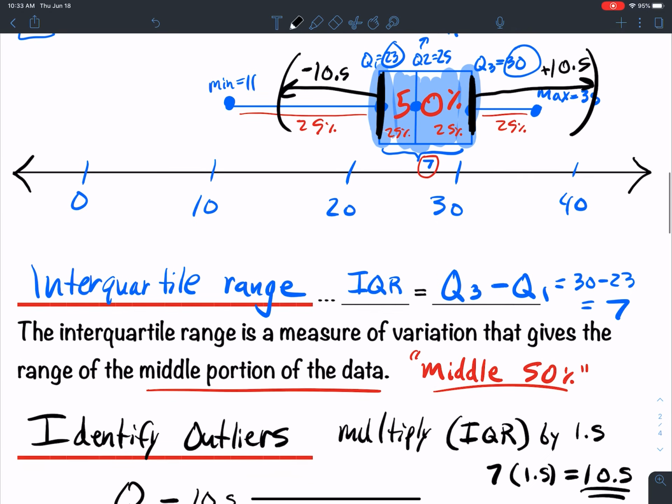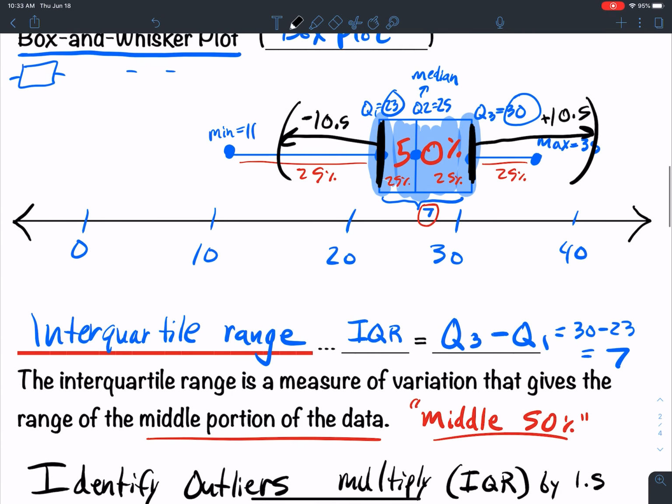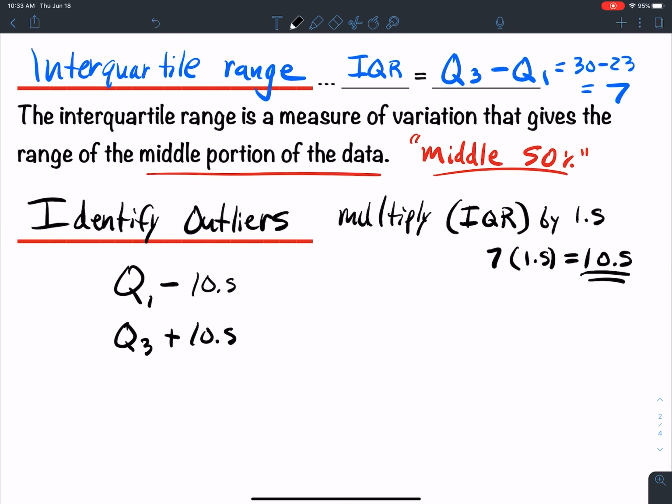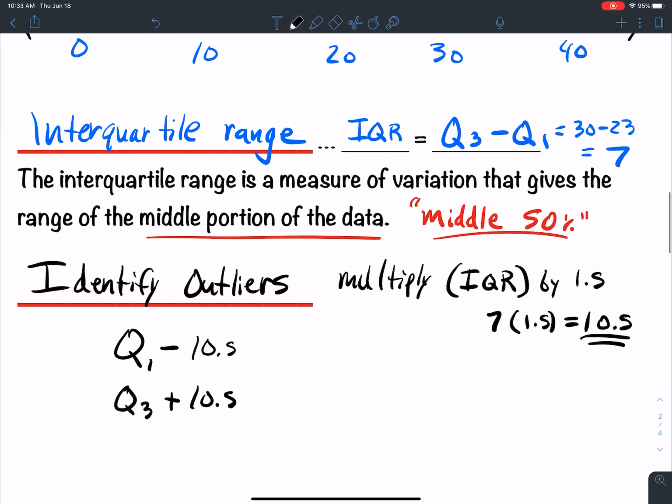Do I fall far enough outside to be considered an outlier? Let's look at this. Q1 was 23, so 23 minus 10.5 gives me 12.5. And then Q3, that was 30, plus 10.5 equals 40.5.